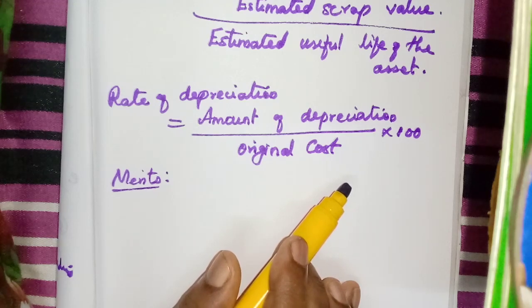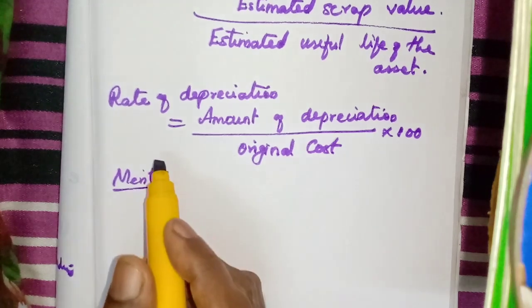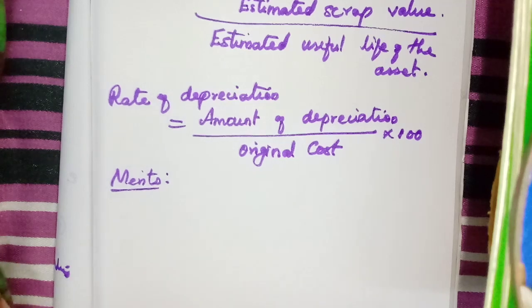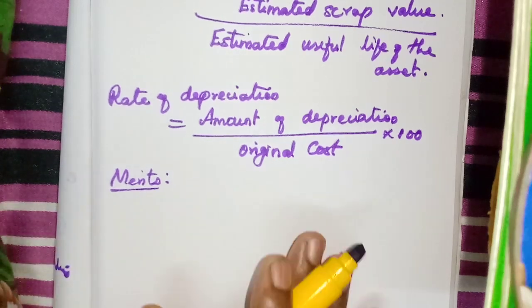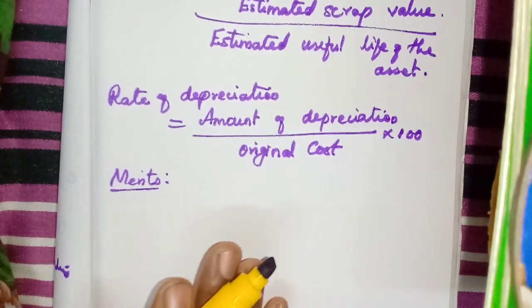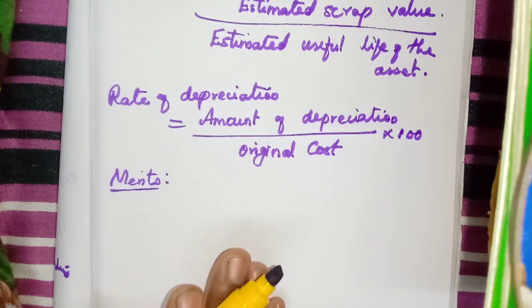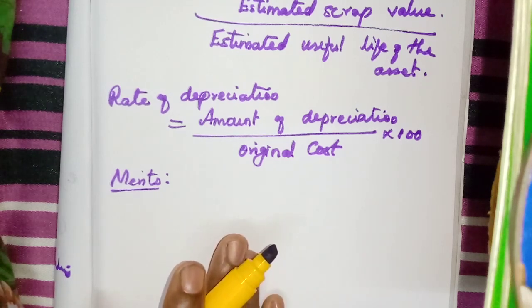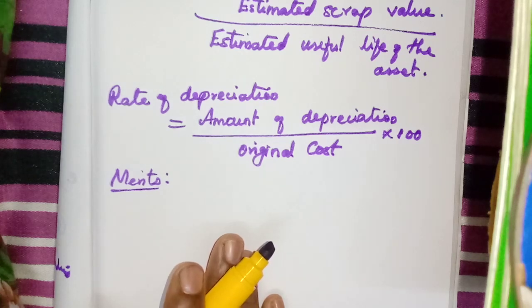Then there is equality of depreciation burden, because throughout the life of the asset, for 10 years or 15 years, the same amount is charged to the profit and loss account. Then at the end of the useful life of the asset, the value of the asset will become 0.